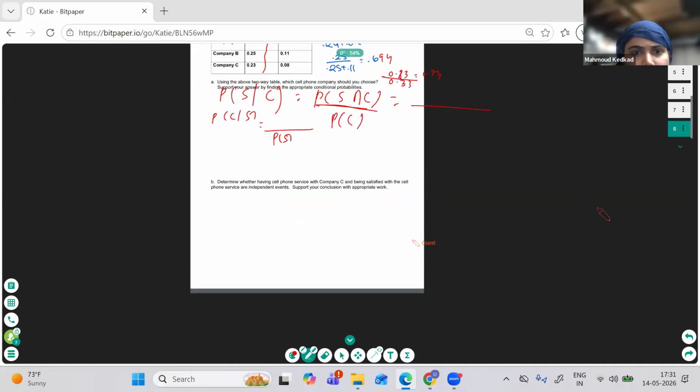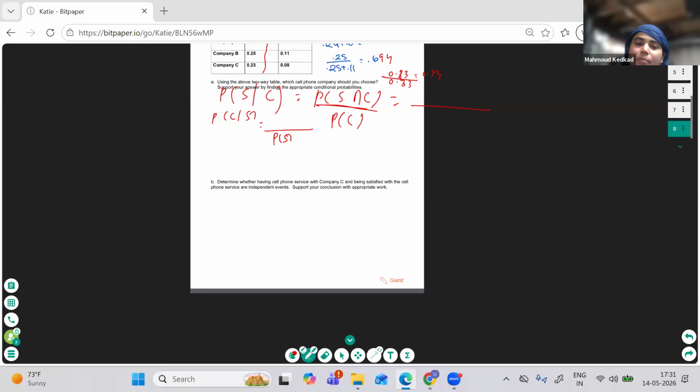Determine whether having a cell phone service with company C and being satisfied with the cell phone service are independent events. Isn't it P of A and then P of B given A? What's the definition of two events being independent? They don't affect each other, right? That's just a layman definition. How do you find it in terms of probability?